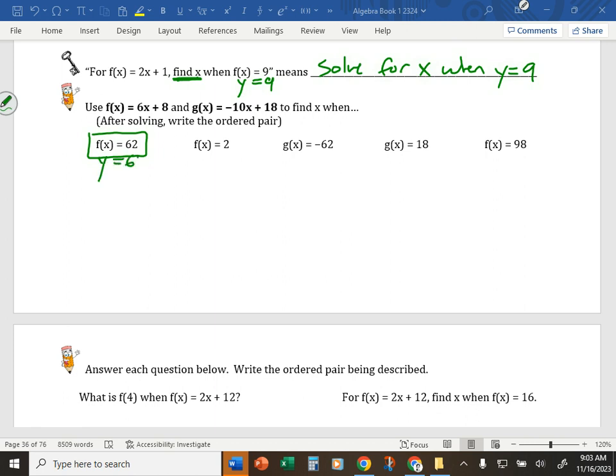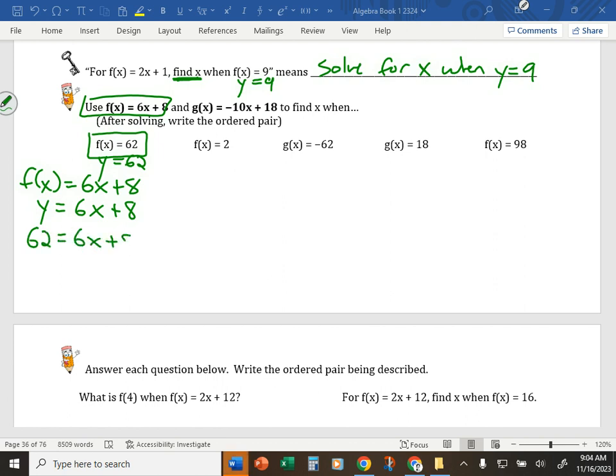Y equals 62. So, in the f of x equation, f of x equals 6x plus 8, which we can rewrite as y equals 6x plus 8, I'm telling you to find x when y equals 62.